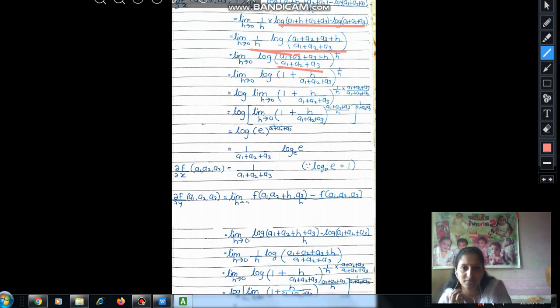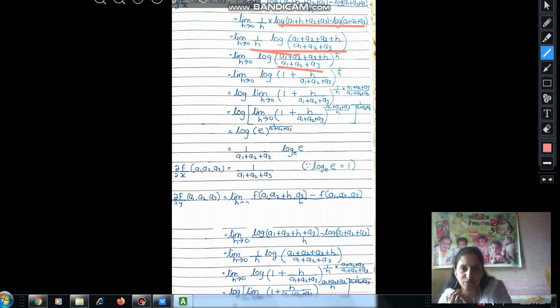You get it? Okay. So log of limit h tends to 0, (1 plus h upon that term) raised to 1 by h. Okay. So we use here the rule limit x tends to 0, (1 plus x) raised to 1 by x.